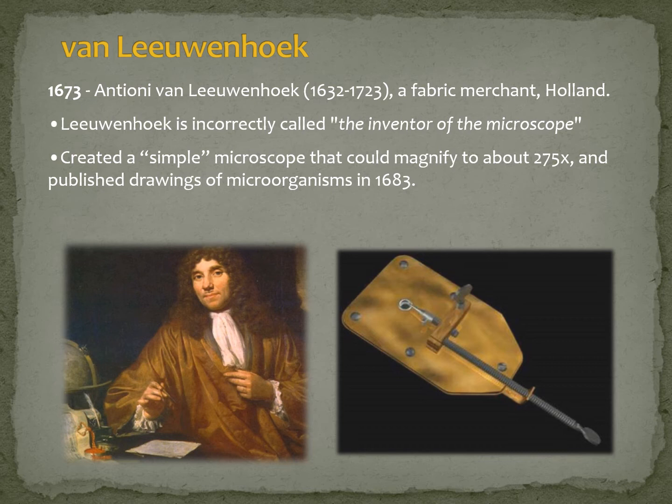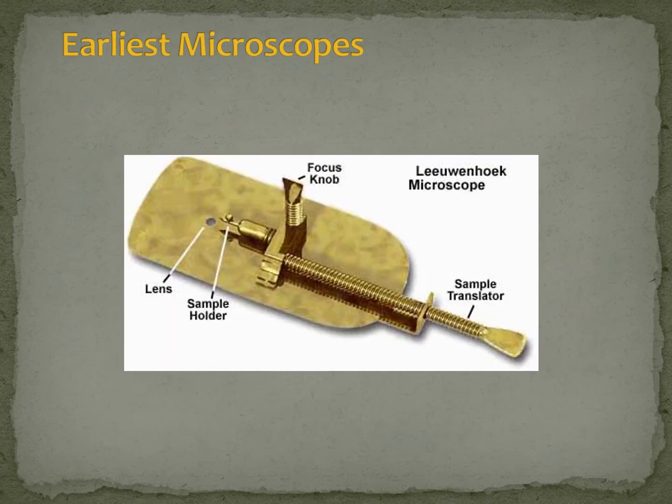But Leeuwenhoek was very creative, using a microscope to observe samples that are positioned here, and he was very careful describing his own observations. With a microscope like this, he could attain a magnification of about 275 times, and he submitted his work for publishing to the Royal Society at the time of Robert Hooke.